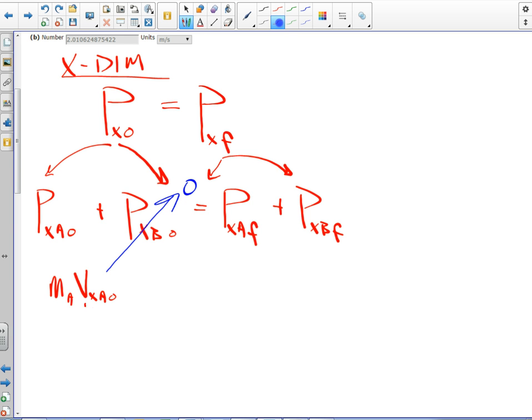You'll also note that there is no y component, but all of its velocity is in the x. It's moving along the x-axis, so keep that in mind. That equals the mass of A times the x component of A's final velocity plus the mass of B, since it's moving after the collision, times its x component of its final velocity.